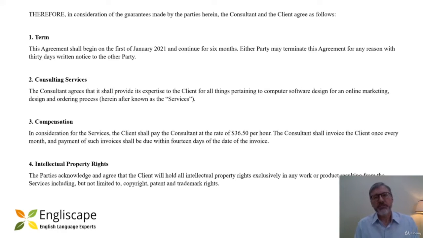Term. Term means a length of time. This agreement shall begin on the 1st of January 2021 and continue for 6 months. Either party may terminate, means to stop, finish, this agreement for any reason with 30 days written notice to the other party.